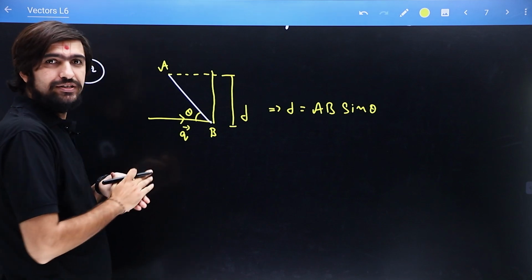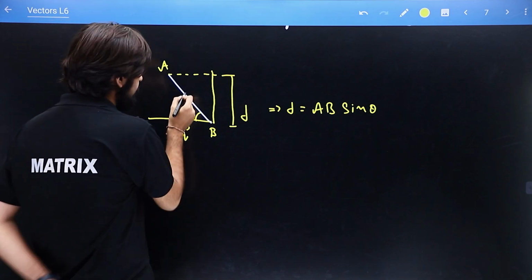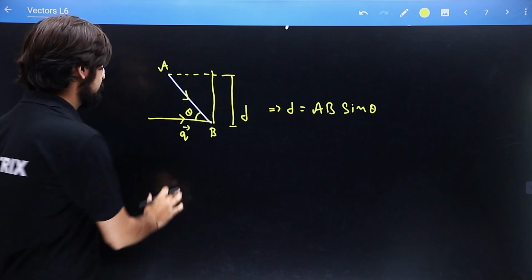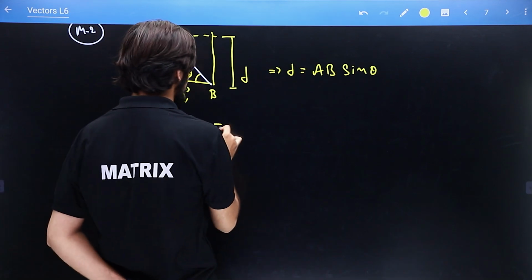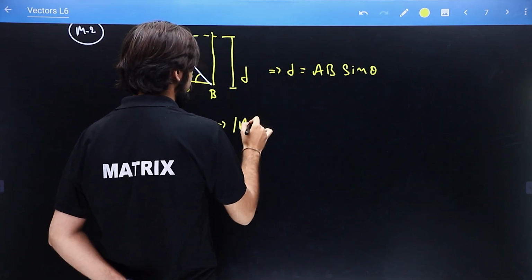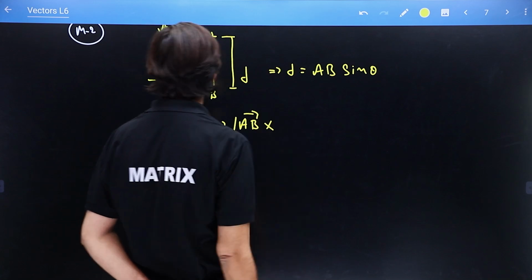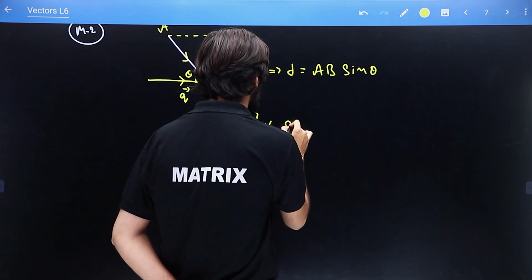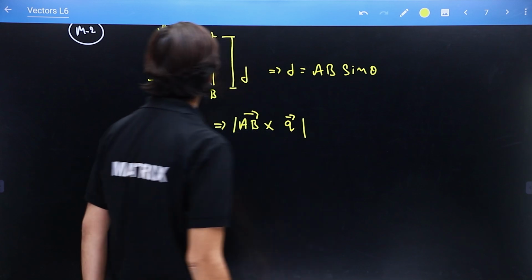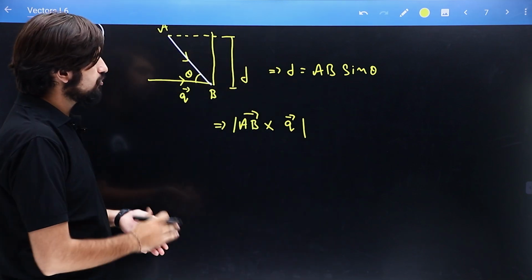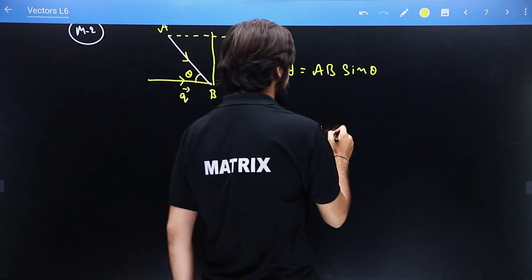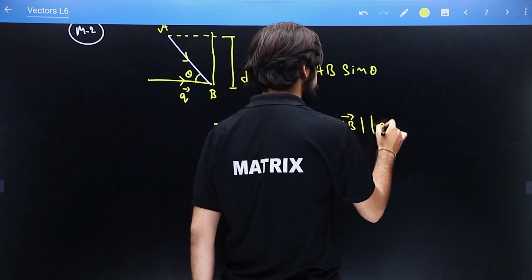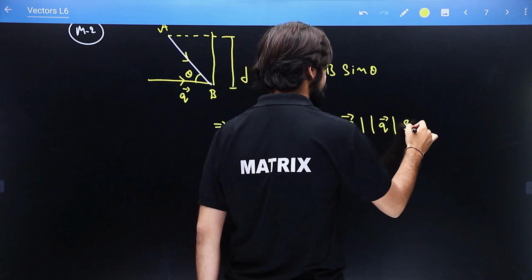Now, how can you find sin theta? Let's say this is your AB vector and the angle between AB and Q is theta. So what can we write? Mod of AB cross q, because we already know q, will be mod AB mod q sin theta.